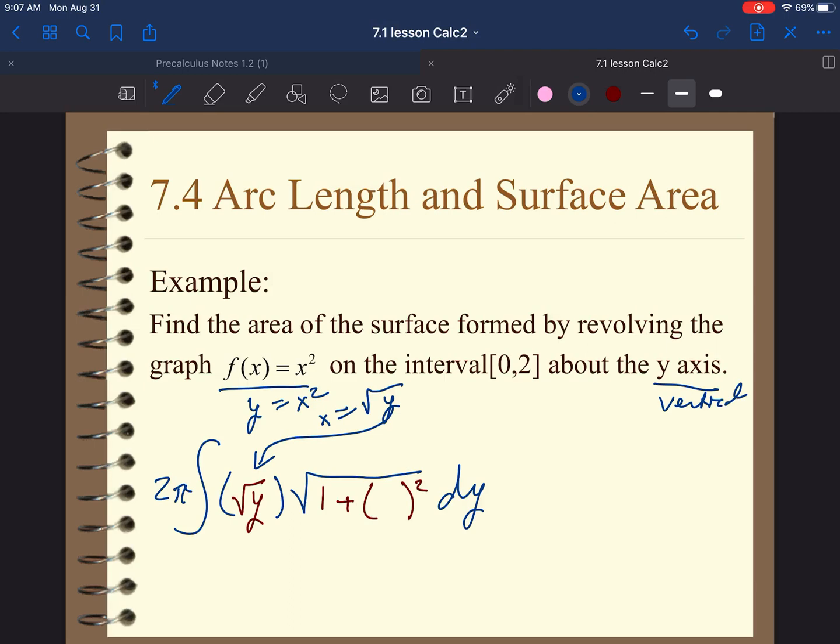And I'm going to take a moment and find my derivative. So x equals, I'm going to think of it as y to the 1/2. dx/dy would be 1/2 y to the negative 1/2. That's what's going to go in here.